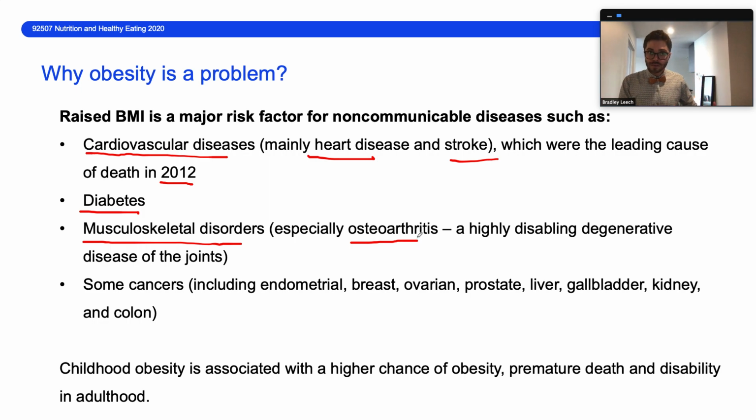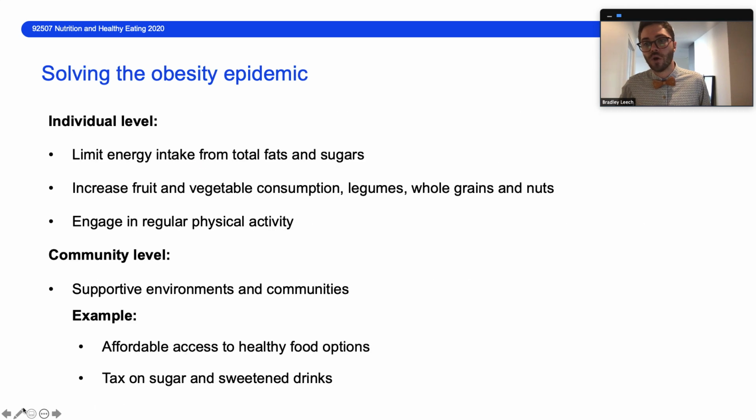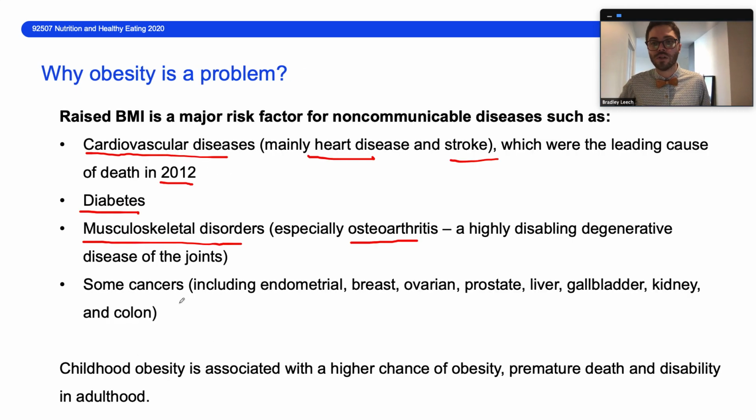When someone is obese, they can develop osteoarthritis, generally of the hips or knees. Now, I find this one quite interesting. Childhood obesity is associated with a higher chance of obesity, premature death, and disability in adulthood. So it is very important to address this risk of obesity during childhood, and we'll discuss this in a moment.